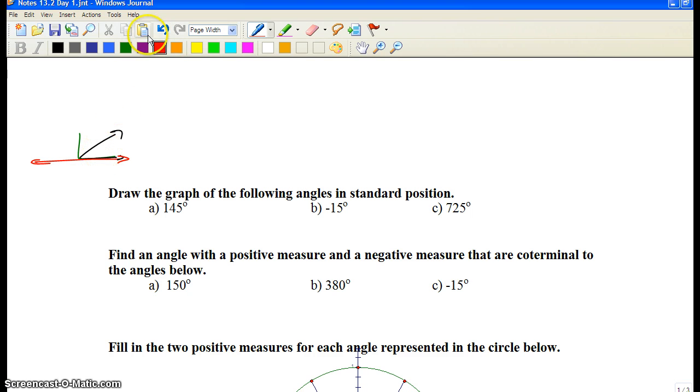If this right here is 45, that's 90, that's 180, we want to be between 180 and 90. We know that, right? Do we want to go halfway between 180 and 90? What's halfway between 180 and 90 on this section of the graph? 135. So we want to go a little further than that.